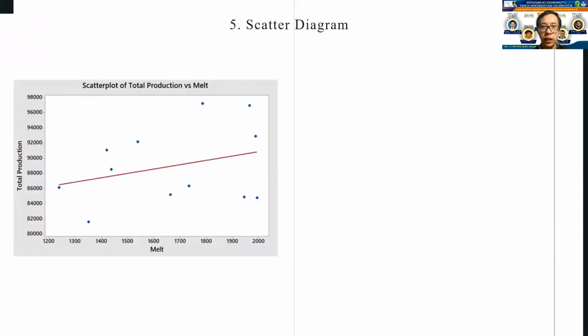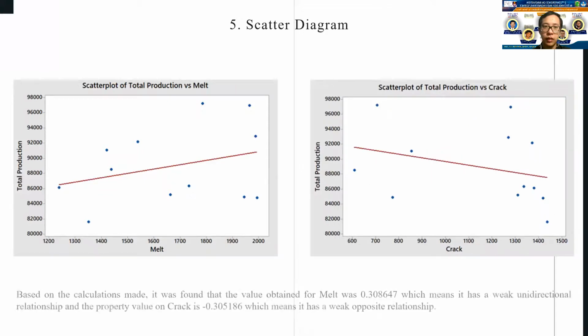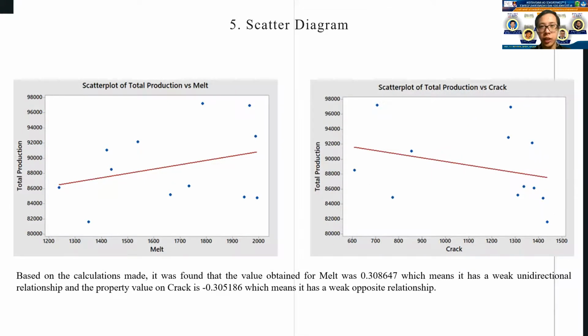5 is about scatter diagram. From the calculation that we have made, the correlation value of melt defect is 0.30867, which means it has a weak and unidirectional relationship, and the correlation value of crack is negative 0.305186, which means it has a weak opposite relationship.